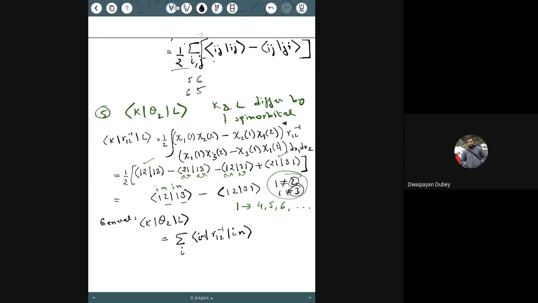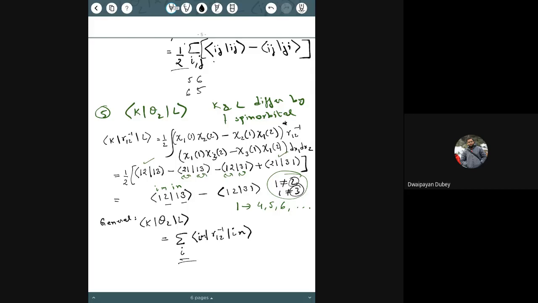So I have only one sum. When I generalize, it becomes different here, because you cannot have all pairs.